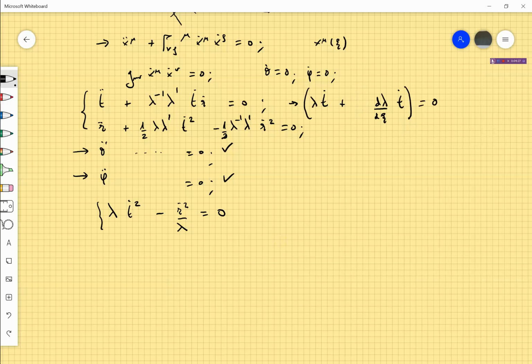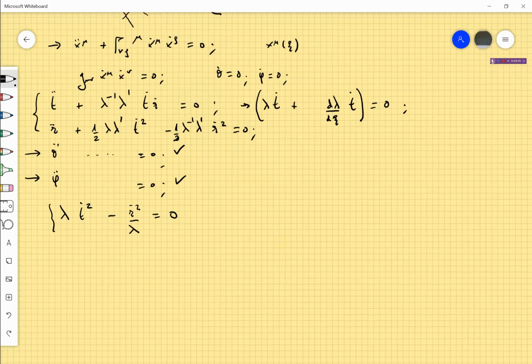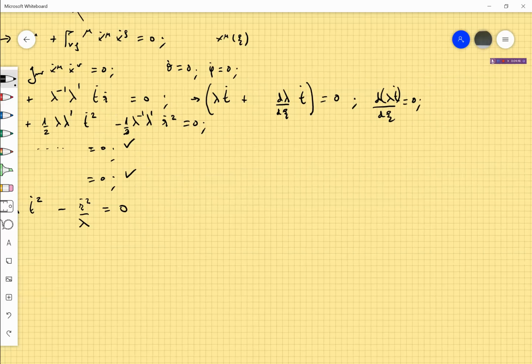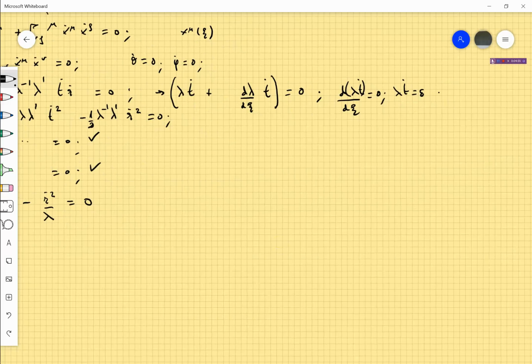If you want, I multiply everything by lambda, you get this expression, which is d of lambda t dot over d psi equal to 0. This is the expression of the fact that lambda t dot is a conserved quantity that I am going to call epsilon. So the conclusion is that t dot is epsilon divided by lambda.